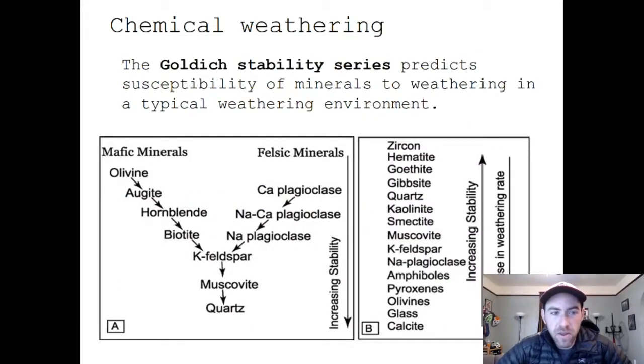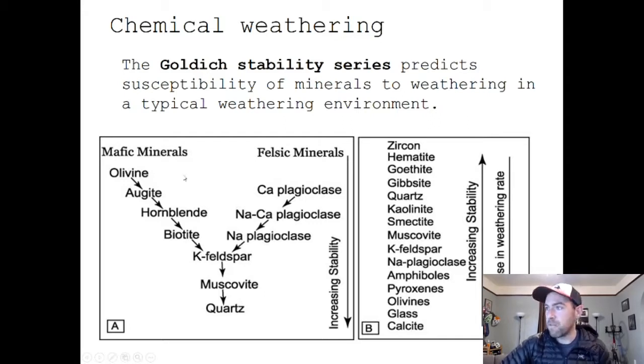And you might think about this in the context of the susceptibility of a particular mineral to weathering in a sort of generalized typical weathering environment. And when I think of a typical weathering environment, I'm referring to something like where water and maybe CO2 are the predominant weathering agents. And we'll talk a little bit about CO2 and how that works in a minute. But you can see here that the typical weathering stability series follows the Bowen's reaction series kind of in reverse, right?